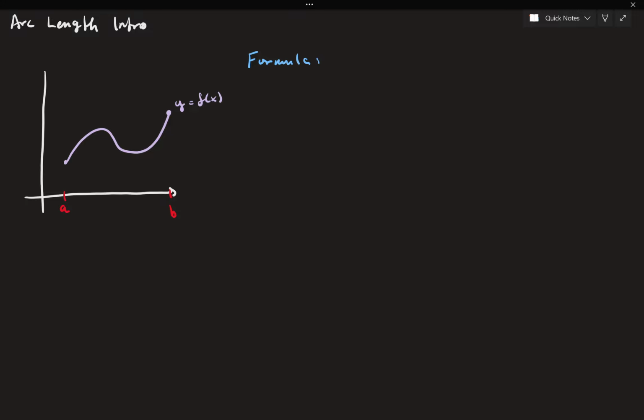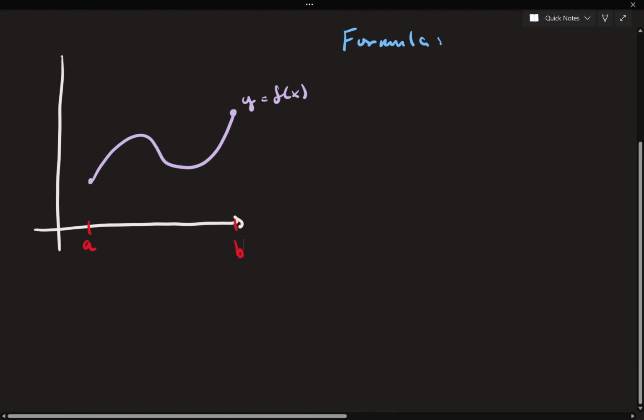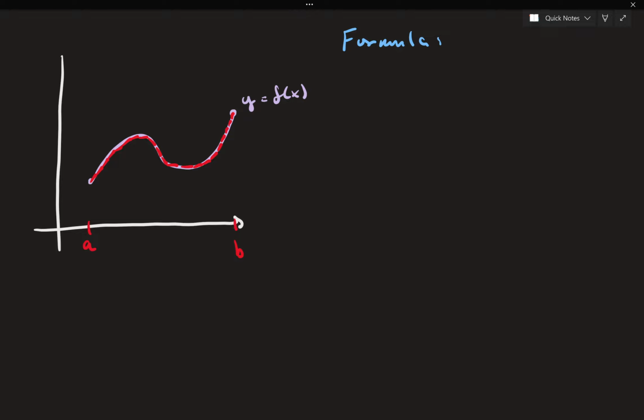What I'm going to do is think about breaking this curve up into a bunch of lines, and letting the length of all of these lines get really, really small. I'll add up more and more lines, and the lines are going to get real small.